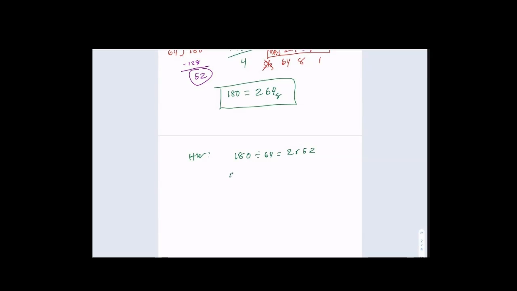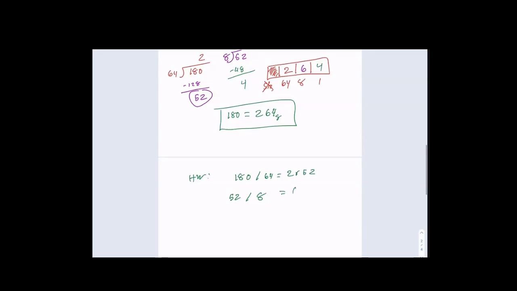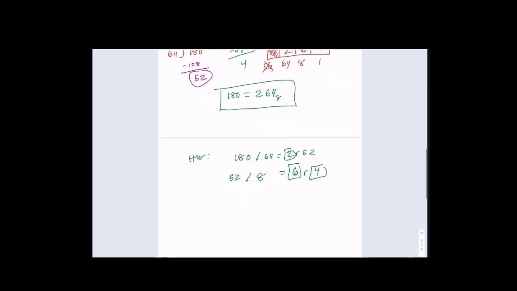Then you do that 52 divided by 8, that gave us 6, remainder 4. And therefore, these are my numbers. Once you get to that last spot, you automatically know that it's just your numbers. So the answer here would be 264. That's how you would show your work.